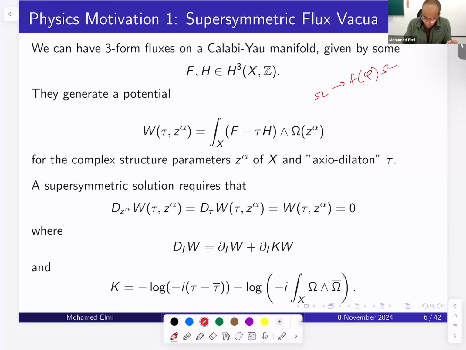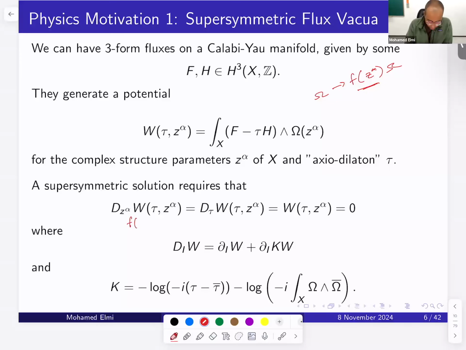I can always redefine it by some nowhere vanishing holomorphic function. So ordinary derivatives wouldn't do here because this rescaling will not commute with an ordinary derivative. So you have a covariant derivative.